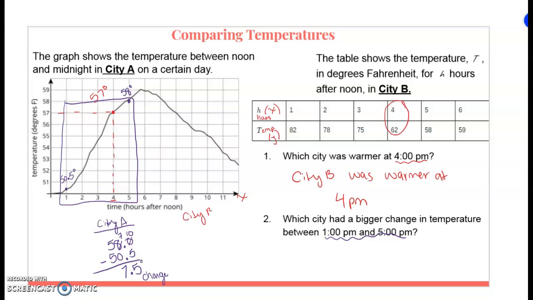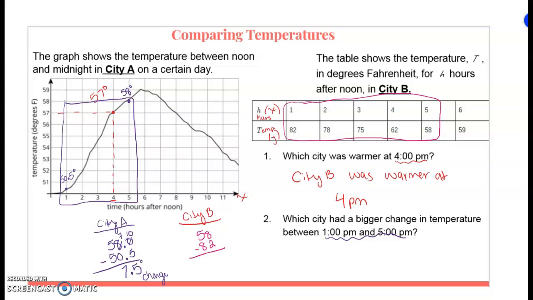Now for City B, I'm going to do the exact same thing. I'm going to take from 1 p.m. and I'm going to take 5 p.m. and see the change. So I know that at 5 p.m. it was 58 degrees, and I'm going to subtract it from 82 degrees.